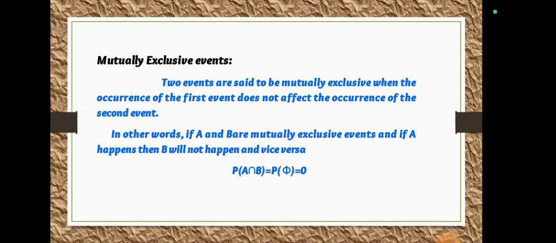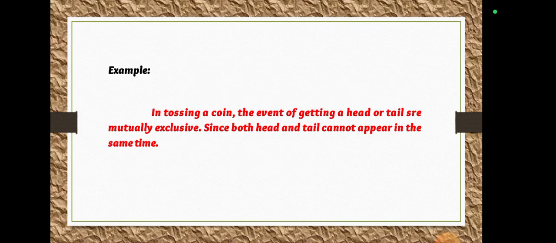If head appears, the tail does not occur. If tail occurs, the head does not appear. This is mutually exclusive. Example: in tossing a coin, the events of getting head or tail are mutually exclusive since both the head and tail cannot appear at the same time. It is not an impossible event. So that is called a mutually exclusive event.